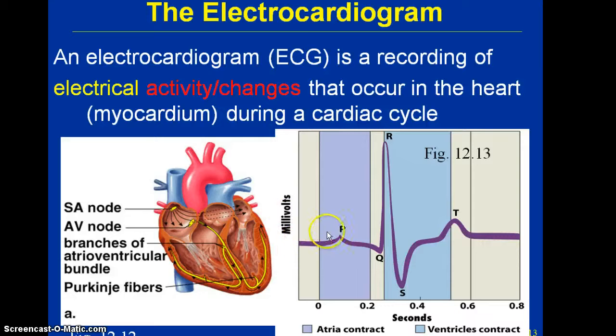This first wave is the P wave, and that represents the SA node firing. The QRS complex represents the firing within the ventricles, and then the T wave represents the repolarization within the ventricles.